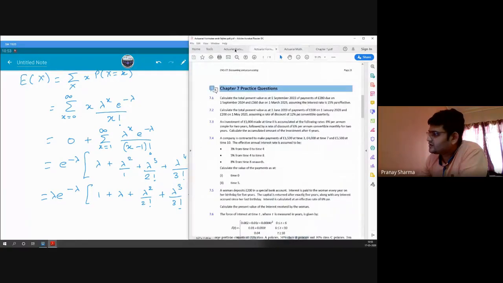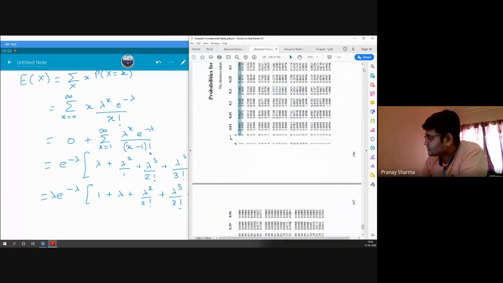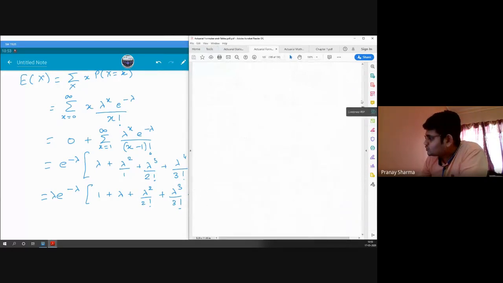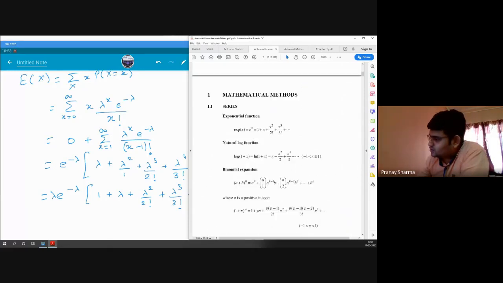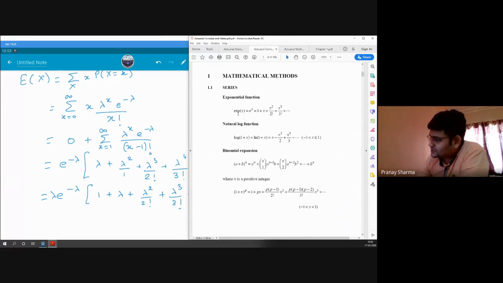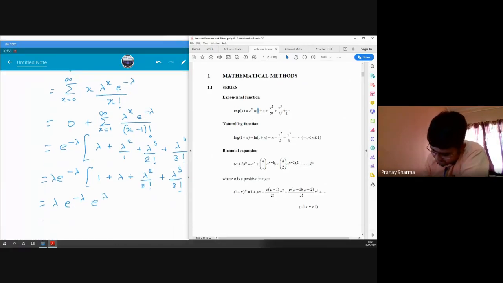This is given in our table book on page number 2. On page number 2, you have some mathematical formulas, and you can see our exponential function e raised to x will be equal to this. So therefore, you're correct that we'll get e raised to lambda. So that gives me nothing but lambda. Expected value becomes lambda.